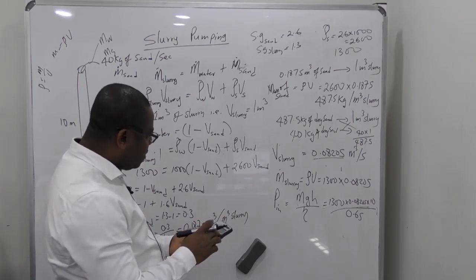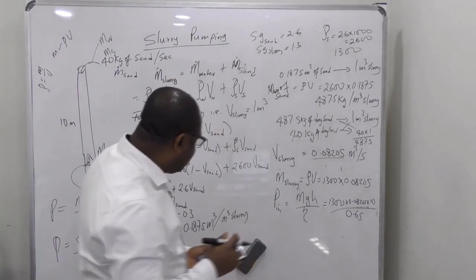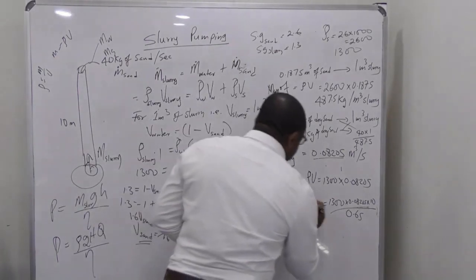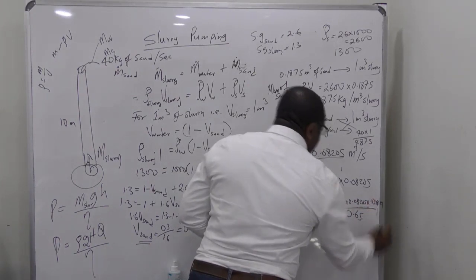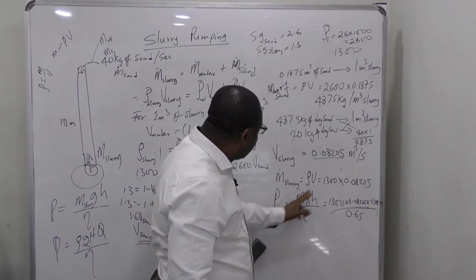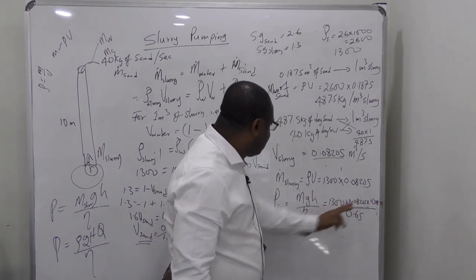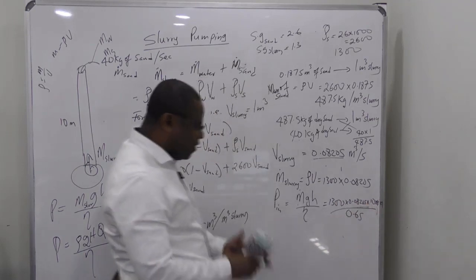Okay, let's see. I forgot the 9.81. Remember, m is the whole of that, this times this. g is 9.81, then 10 over that.